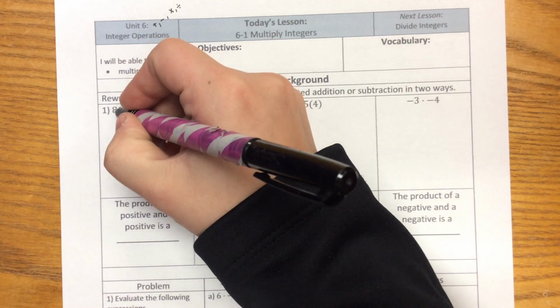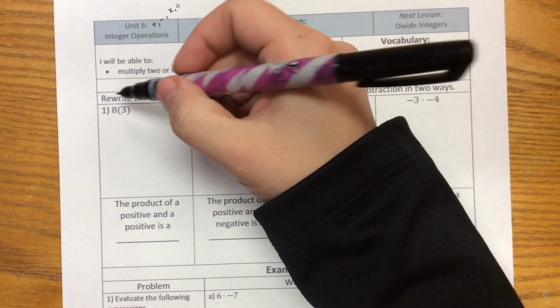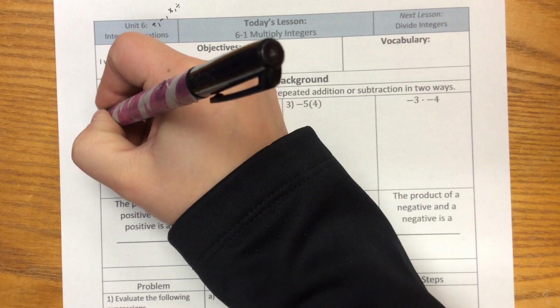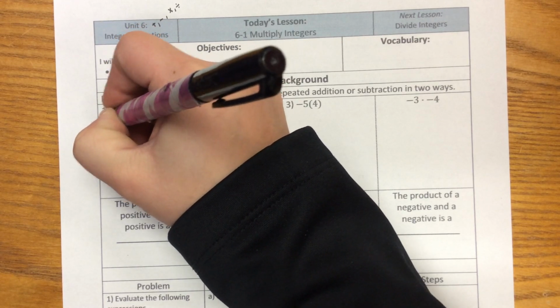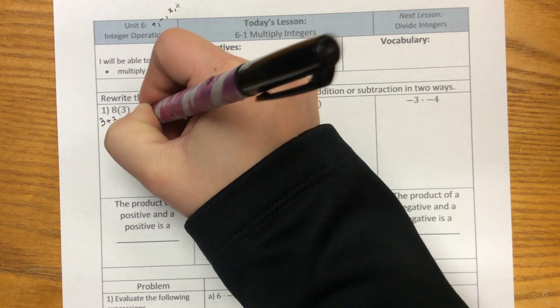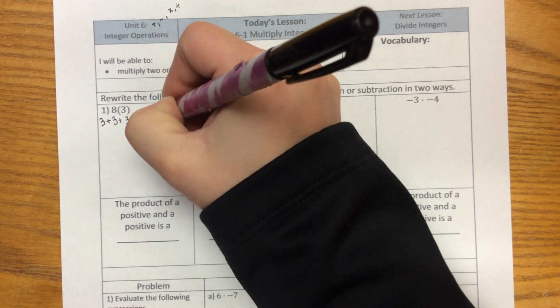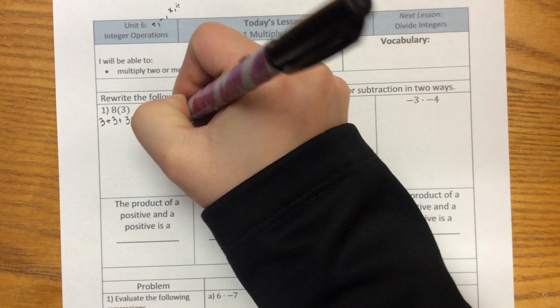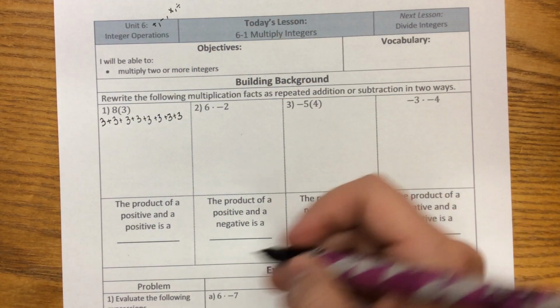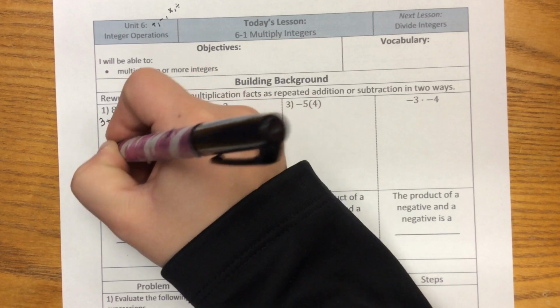Okay, so for this one I have 8 times 3. So what that means is I could have 8 groups of 3. Okay, so I could have 8 groups of 3, or I could have 3 groups of 8.